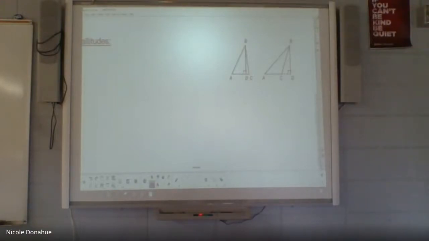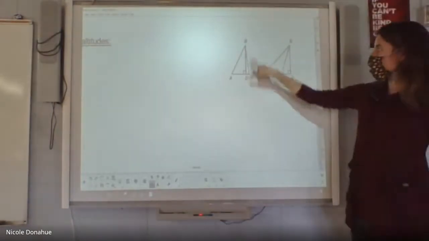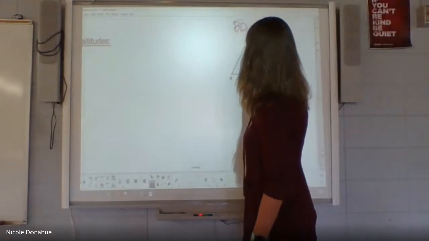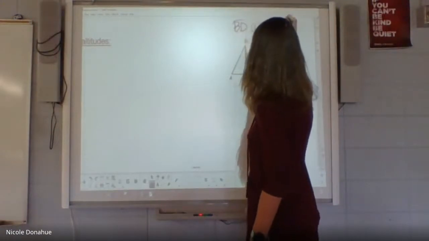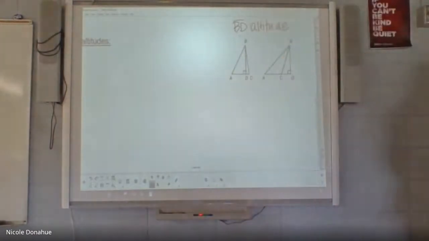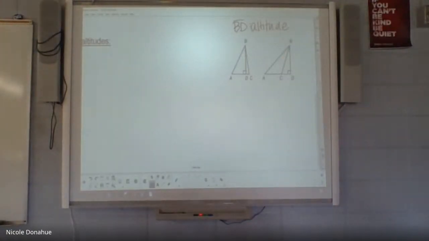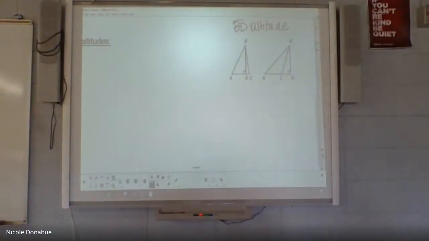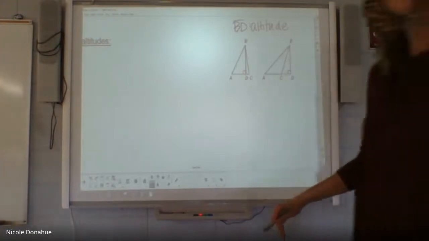Now, we're not going to write it that way because it's going to be a more mathematical explanation, but the altitude in this case is BD for both of them. So BD is our altitude. And the altitude connects the vertex, and then it's perpendicular to the opposite side.